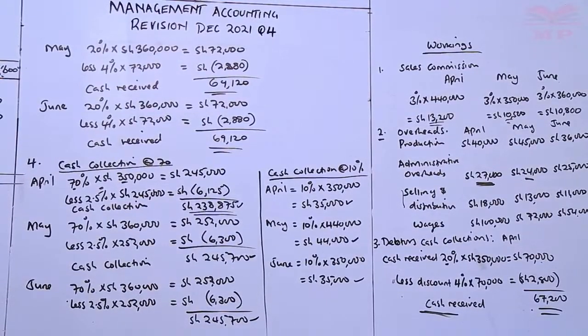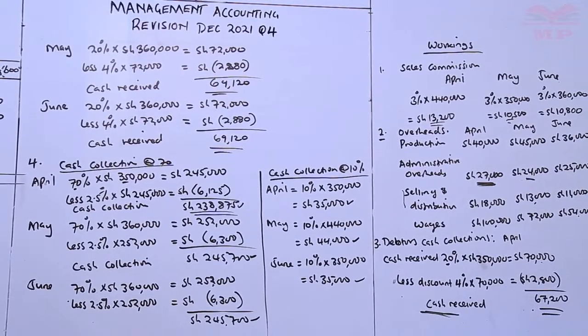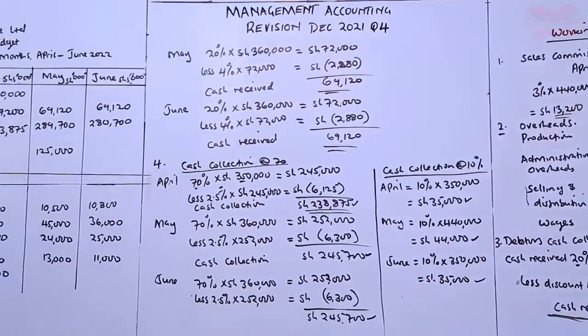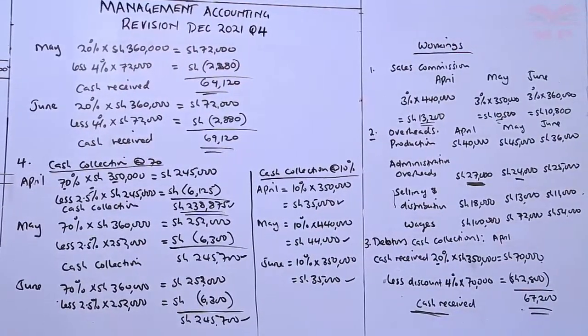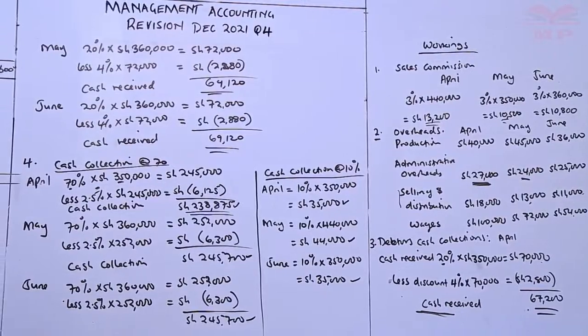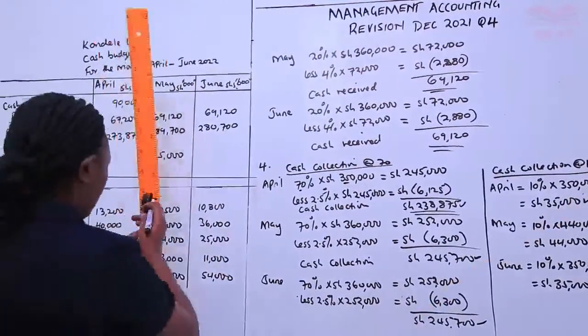And June, we have 11,000. We also have wages. Still working number 2, wages. For April, we have 100,000. May, 72,000. And June, 54,000.